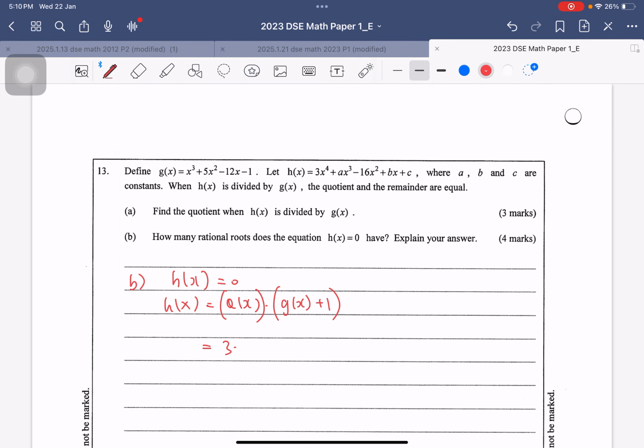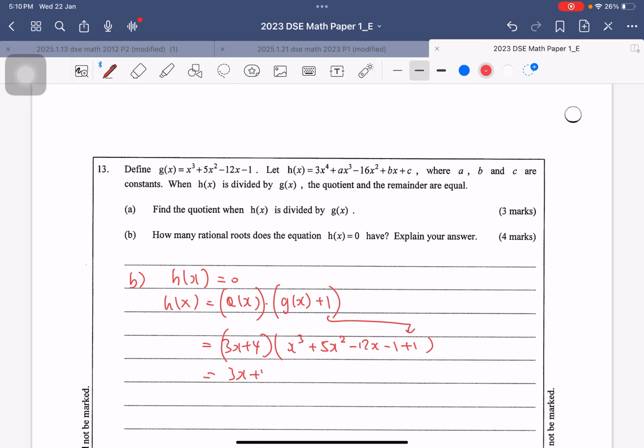So we have 3x plus 4 times the g(x), which is x cubed plus 5x squared minus 12x minus 1. Don't forget to plus the 1 here. And then we have 3x plus 4 times x cubed plus 5x squared minus 12x.